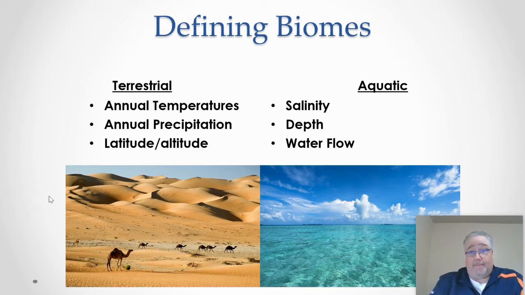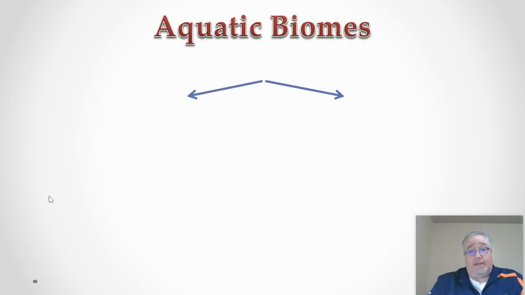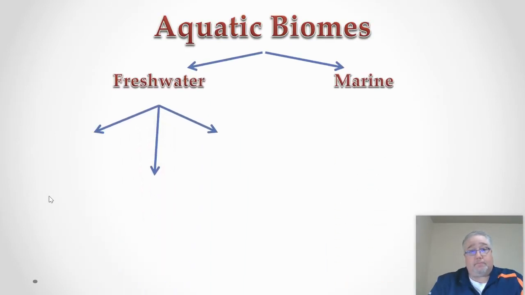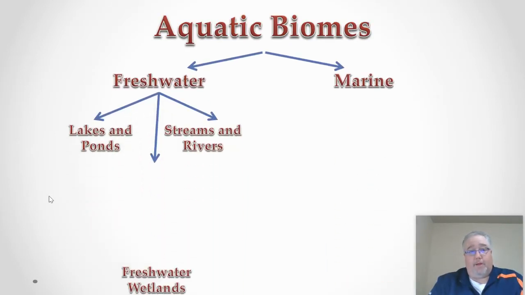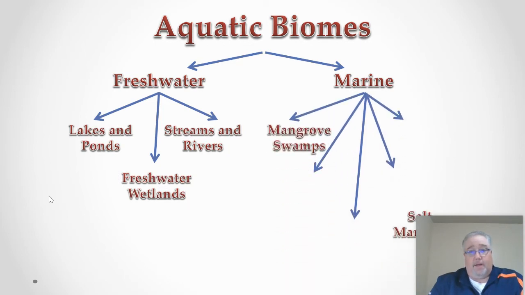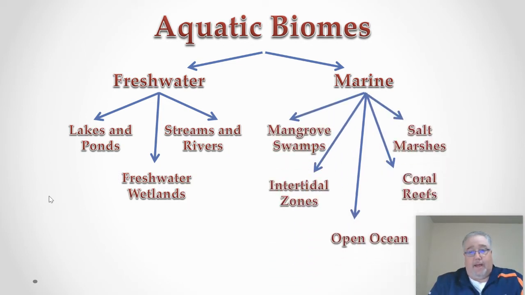All right, so this slide here breaks it down for you, and I think this is a good thing to study as far as understanding all the different types of aquatic biomes. We initially split them up into two categories, freshwater and marine.